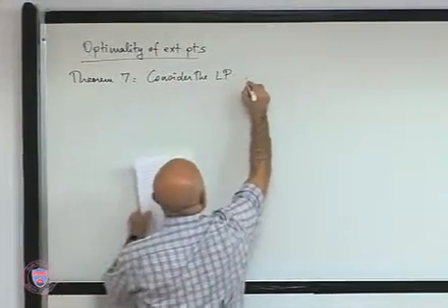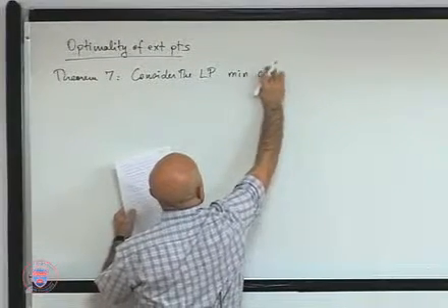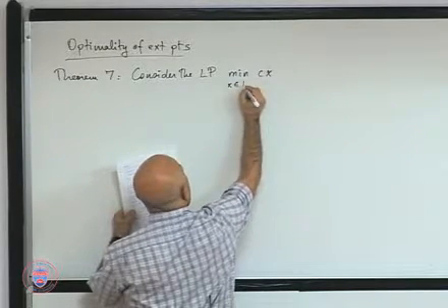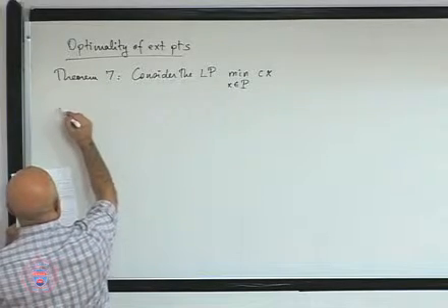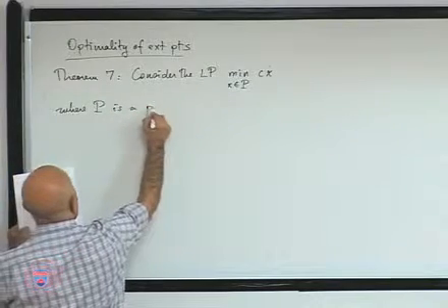Consider the linear program: minimize c transpose x, c is already a row vector, x in some polyhedral set P, where P is a polyhedron.